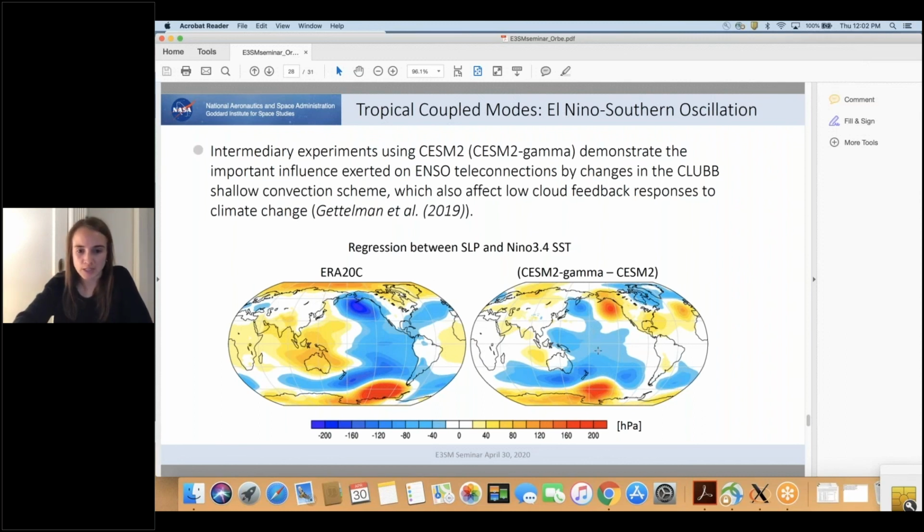So again, even changes in tropical convection can substantially change teleconnections to high latitudes. We're currently analyzing whether or not this is through modification of the actual Rossby wave teleconnections at high latitudes, but this was a nice demonstration that impacts in convection here in the tropics can affect the amplitude of these teleconnections at high latitudes.